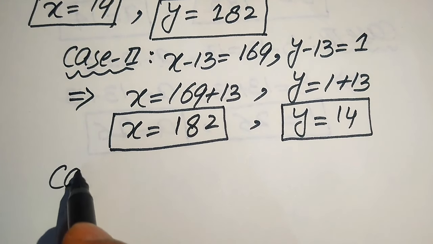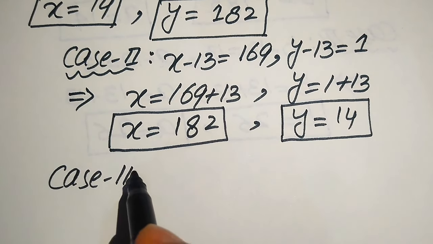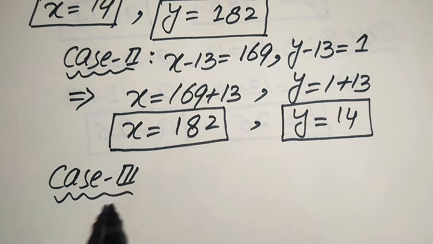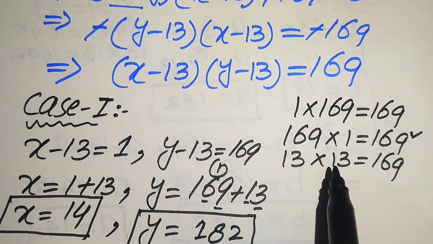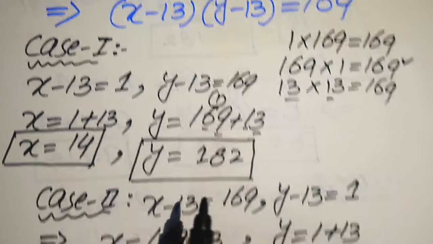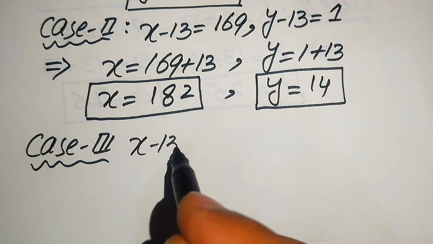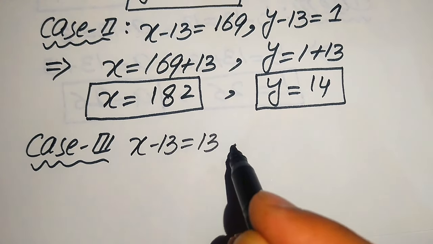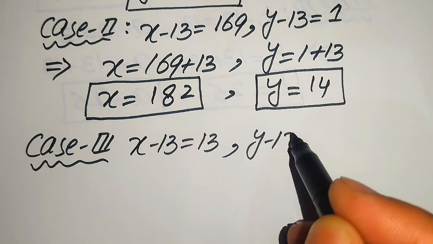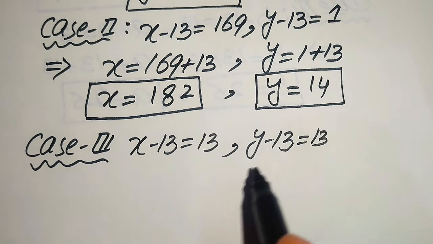Now we move forward to the third case, and in the third case we again compare these two factors with these two values, and after comparing the values we get x minus 13 equals 13 and y minus 13 equals 13.